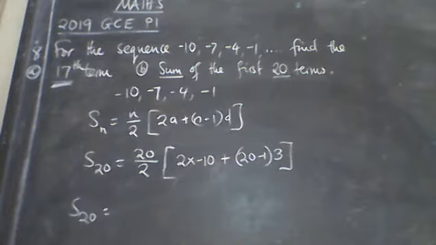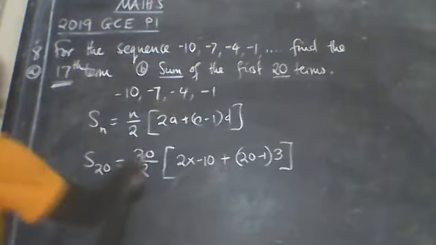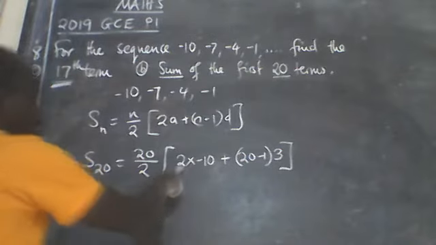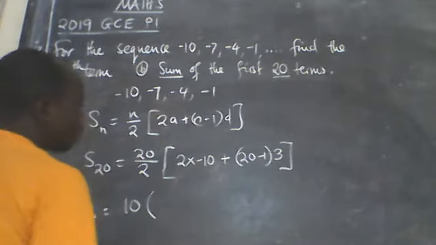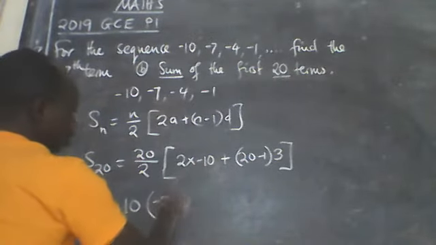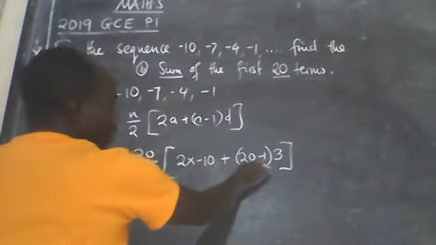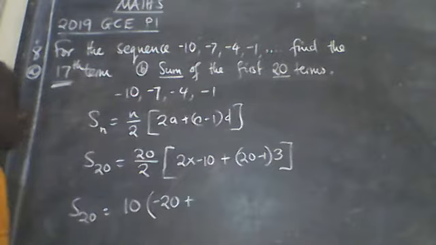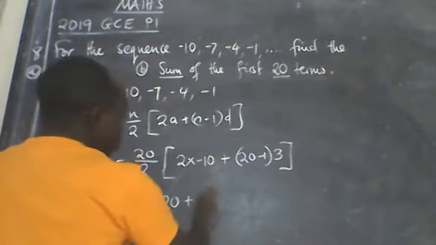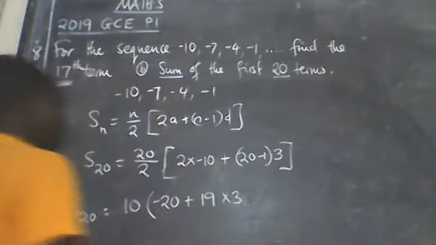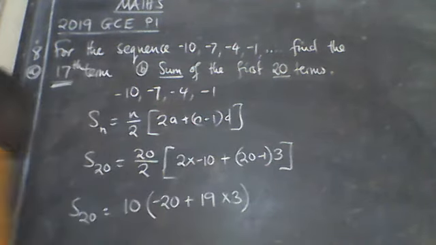So this will give us 20 divided by 2, that is 10. Then 2 times negative 10 will give us negative 20, plus 19 multiplied by 3. You can put that in brackets.